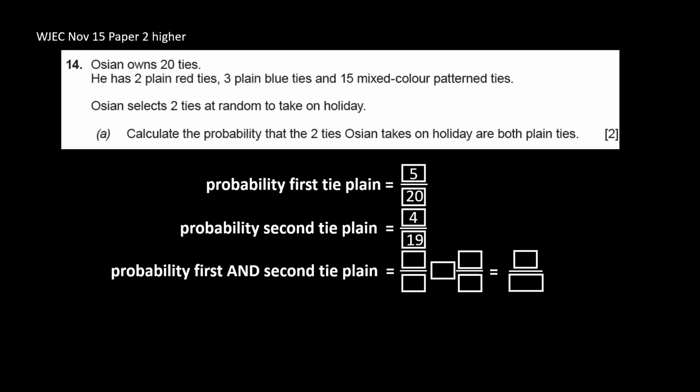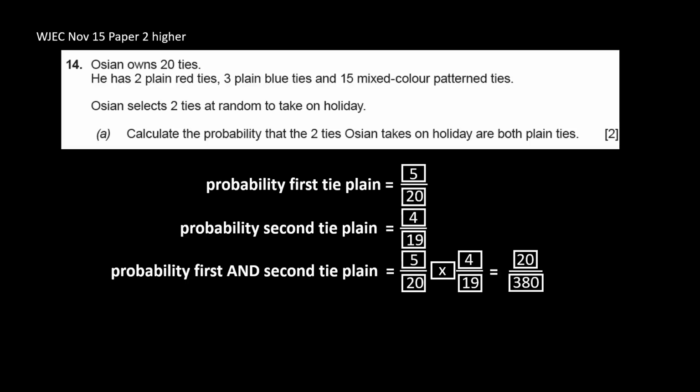So the probability of the first and the second tie being plain is, we've got to do something with those fractions, and 'and' means times. If you multiply those, you get 20 out of 380. That could cancel down to 2 out of 38 or 1 out of 19. And you would probably have done that on a calculator, where 1 over 19 may well be your answer.